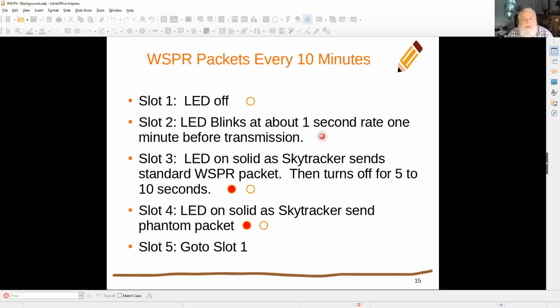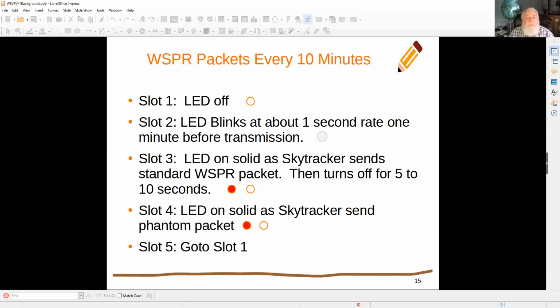And at this particular point, it could be bridged from WSPR to APRS. Okay, and so the next thing is slot 5, where we go back up to slot 1 and we wait for the next transmission here.